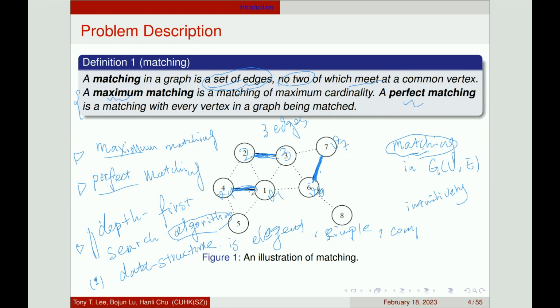So later I would spend some time to introduce it in more detail, and we could also use some examples to show it. Then you would see, wow, the structure of the procedure is really easy.